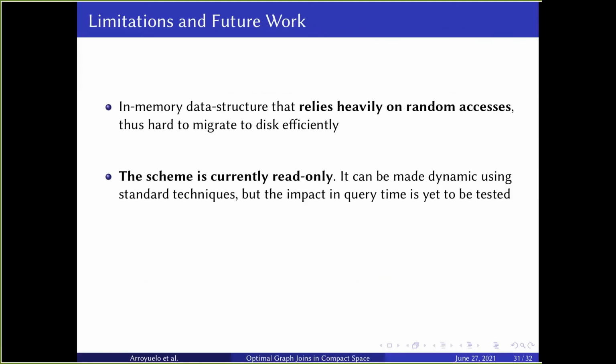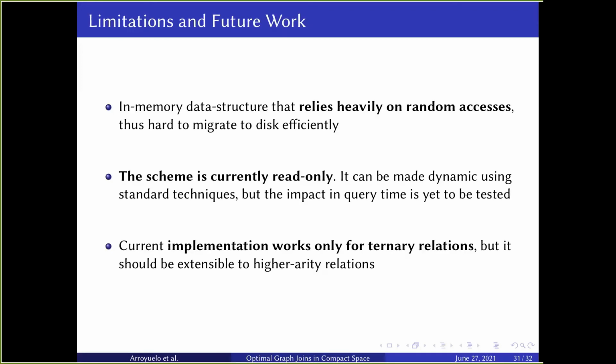It can be made dynamic using standard dynamization techniques for compact data structures, but we still need to measure how this impacts the query time. Also, our current implementation works only for ternary relations or for directed edge-labeled graphs, but we believe it should be extensible to higher arity relations, and this is something that we plan to work on in the future.